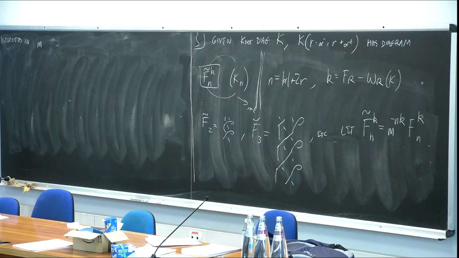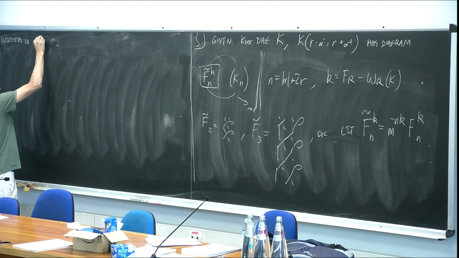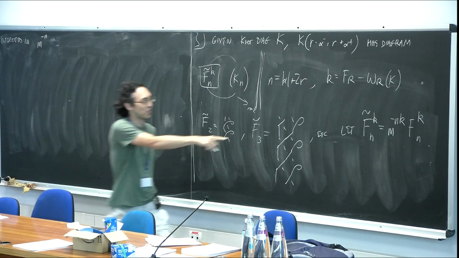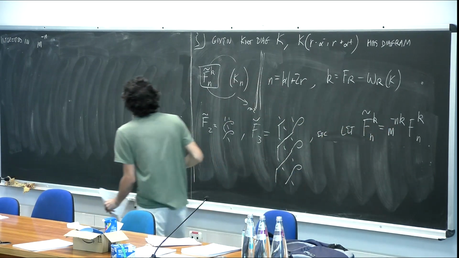But they included this shift by negative alpha minus 2r, which is n. That was a quantum shift, which translated as a mixed shift as well, no homological shift. So there's a shift of negative n, and I'm going to also bake in this negative nk into the shift as well.